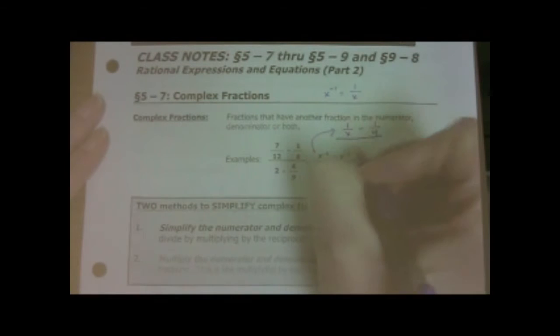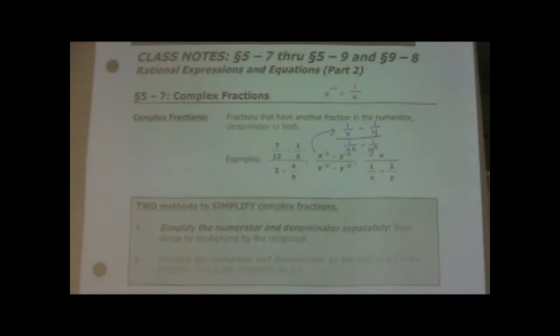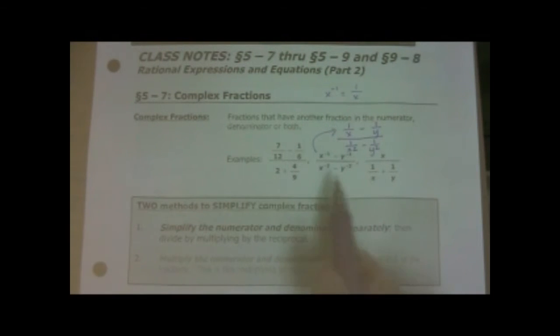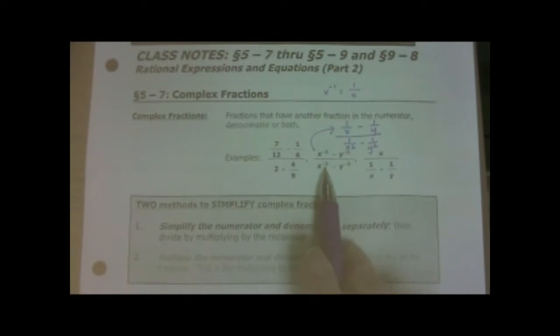Draw the fraction bar. This is 1 over x squared minus 1 over y squared. But instead of writing it like that, which is an enormous problem, it's written simpler by writing it like this. But what we have to know is when we go to simplify this, we want to write it with fractions.